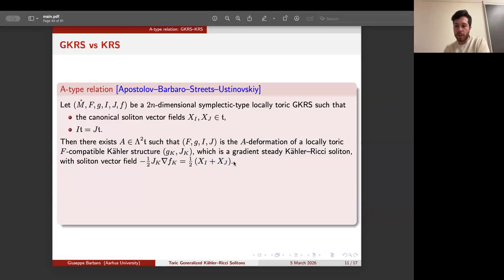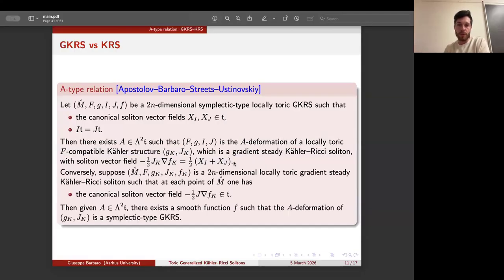And this works also the other way. So if you start from a locally toric Kähler Ricci soliton, and you want again the soliton vector field to be part of the symmetries that you're considering, then once you take any skew-symmetric matrix and do your A-type deformation, you will get a generalized Kähler structure, which is a generalized Kähler Ricci soliton.